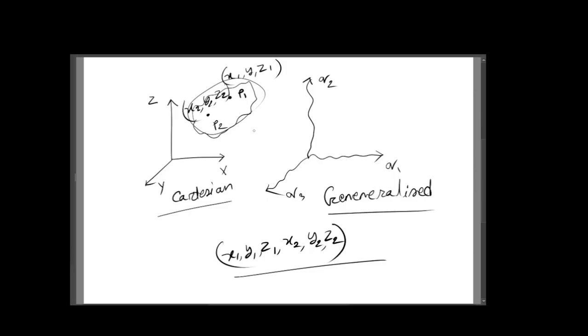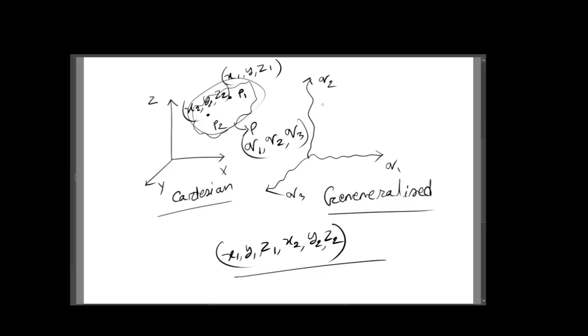Along the generalized coordinate system, the coordinates are q1, q2 and q3. If we consider this two-particle system as p, then the position of p in the generalized coordinate system can be denoted by the set of numbers q1, q2 and q3. Here each component of the generalized coordinate system is a function of the Cartesian system.